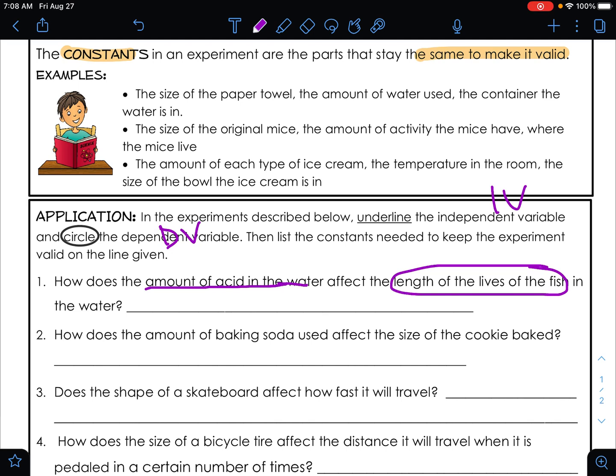All right, so what has to stay the same? We have to have the same amount of water, and that would be the same amount of water in the tank, because that would affect the concentration. We have to have the same type of fish.